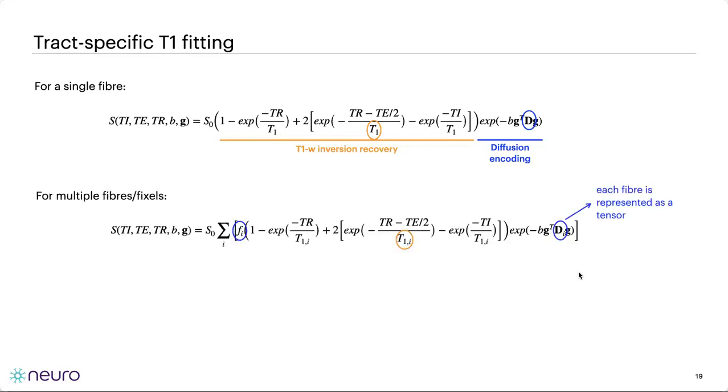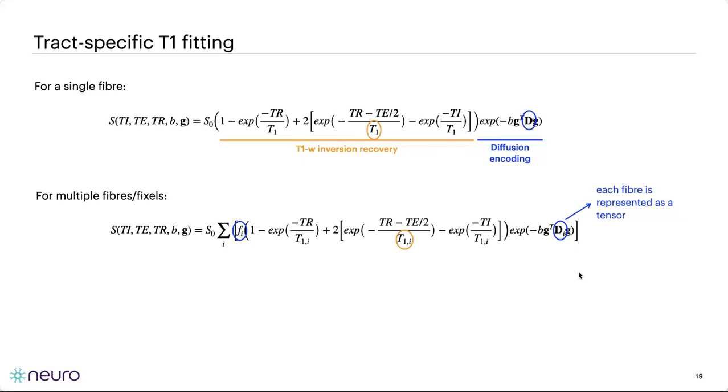If we have multiple fibers in a voxel, similar to the multiple compartments in a voxel, we are going to assume that we're in the slow exchange regime, okay? And so those spins are not really exchanging during the time course of our experiment from one fiber to another. And so you can simply characterize it as the sum of the signals coming from each compartment, right? Depending on their fiber volume fraction, so the fraction of the voxel that they occupy, okay?